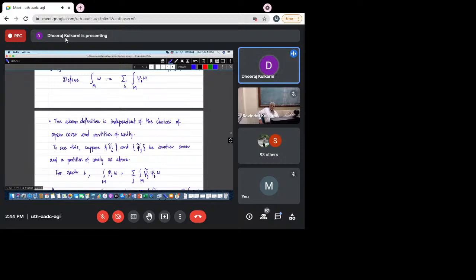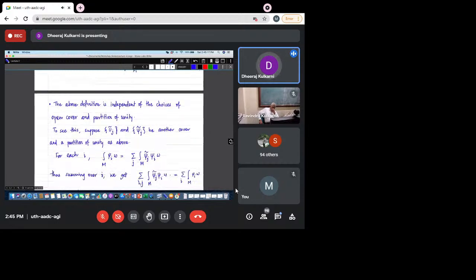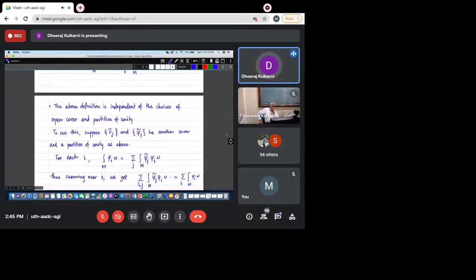In the case of Riemann integral, how did we do it? If you had partition P1 and partition P2, then we had something called the refinement of both partitions. Now we are following the same spirit. We are going to refine this cover. Both the cover U_i and the cover U_j tilde, we are going to consider their refinement. But we don't have to explicitly refer to that refinement because the partition of unity does the trick.